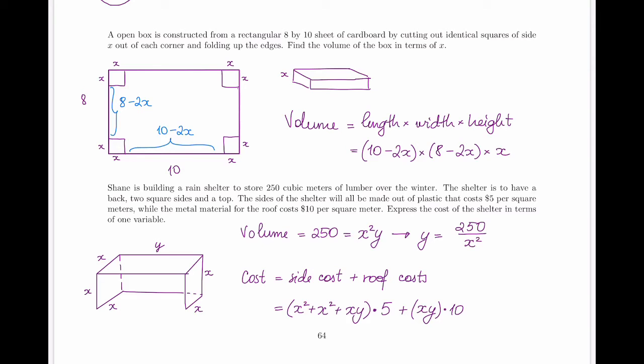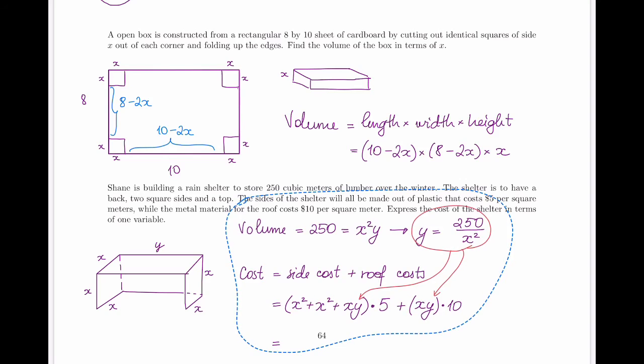I will now use this expression for y to replace every occurrence of y in my cost function here. So what am I going to get? I can simplify a little bit along the way, and that is the fact that 2x squared plus x squared here is 2x squared plus x times y.